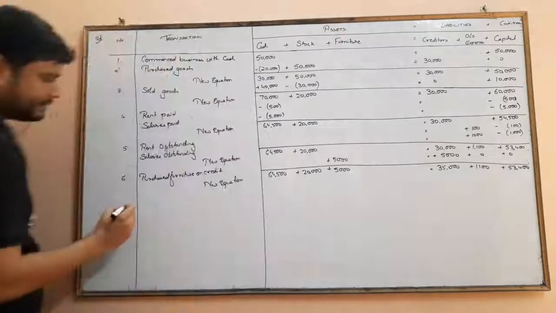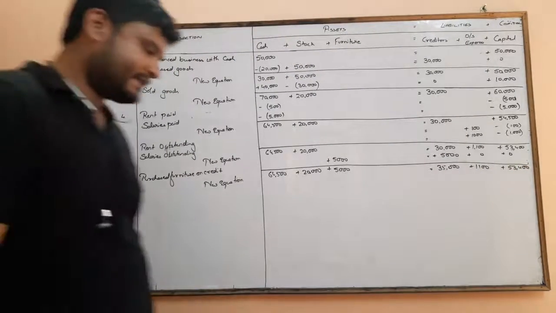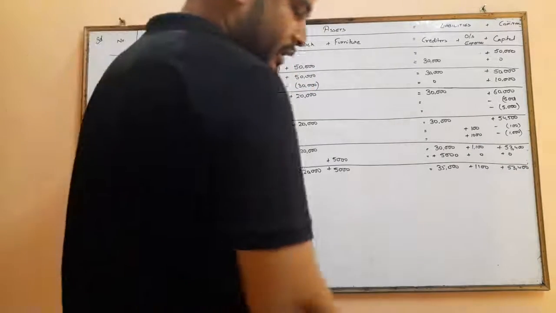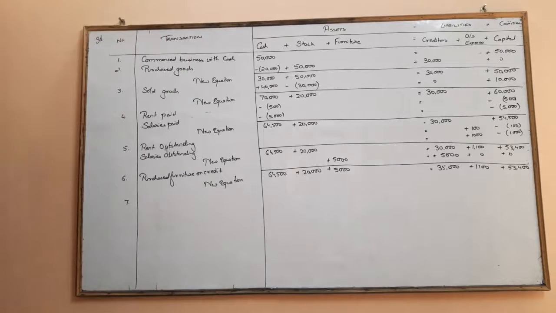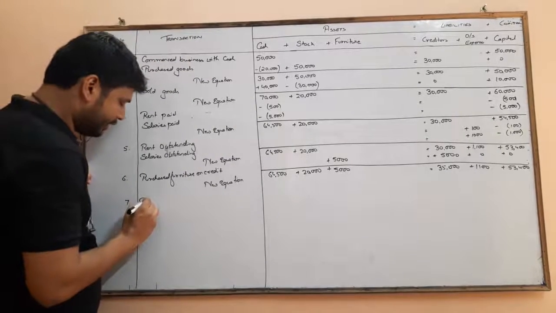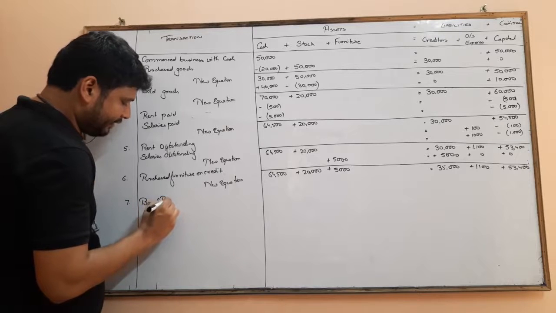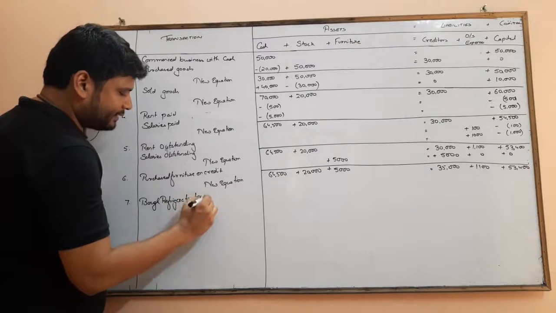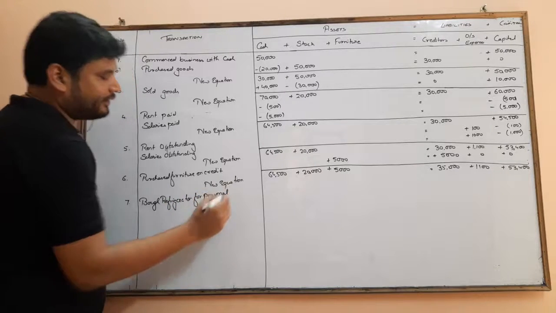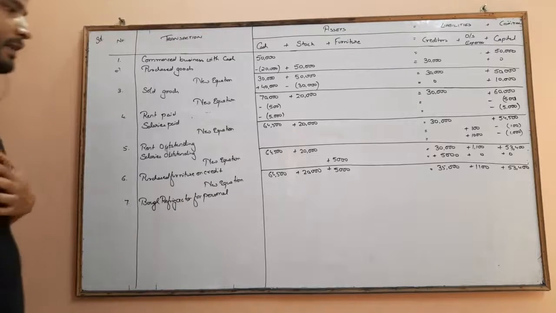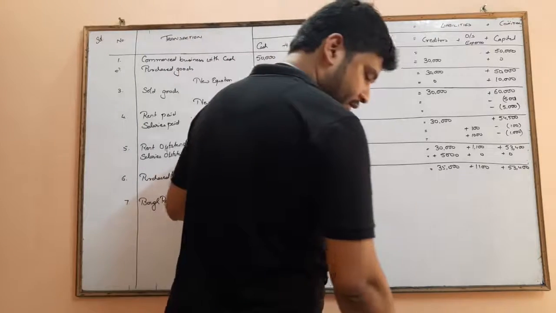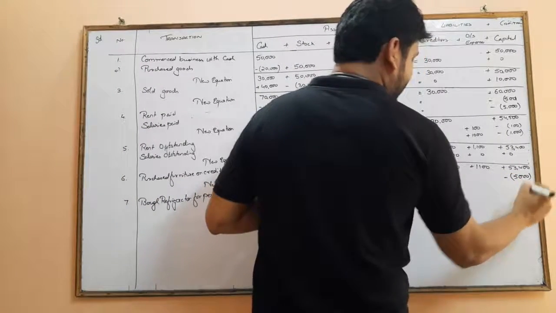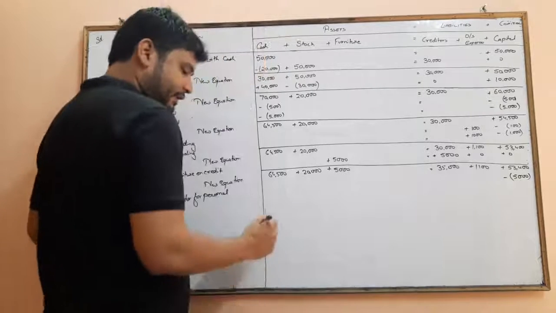Now point number 7. Point number 7 says purchased a refrigerator for personal use rupees 5,000. Now whatever I am purchasing for my personal use will be drawings for me. So I have purchased a refrigerator, and that will be subtracted from the capital, that is rupees 5,000. And in which form have I purchased? Nothing mentioned, so that will be in the form of cash.